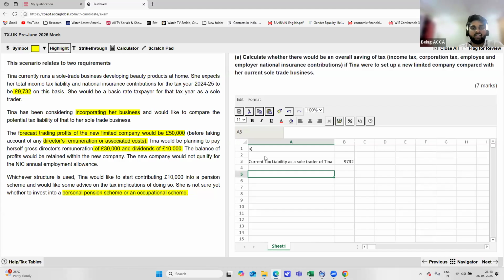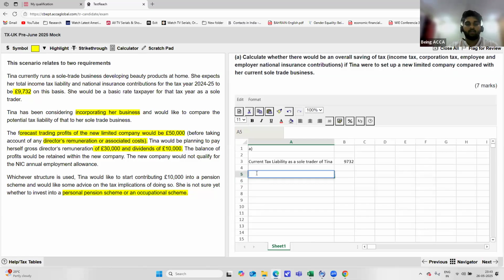First let's calculate that, then the NICs, then the corporation tax. Once we calculate all of these, we compare with her current tax liability to identify whether she'll be paying more or less. This is the procedure for how we should go about the question. So let's start with the income tax computation.